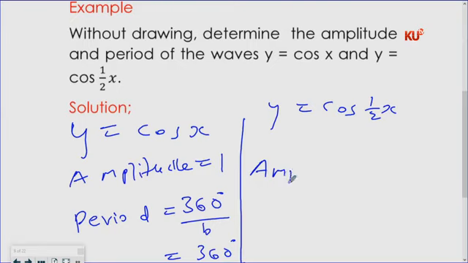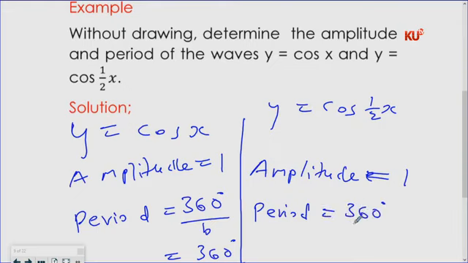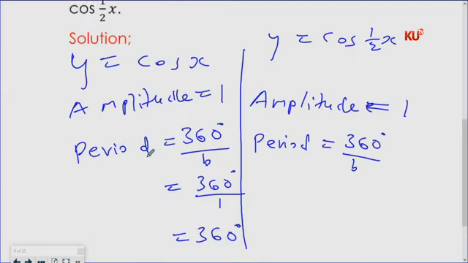For the amplitude, you just need to look at the coefficient of cos, which here is 1. Then the period: the formula is very important, 360 degrees over b. Our b is the coefficient of x, and for this question our coefficient is not 1.